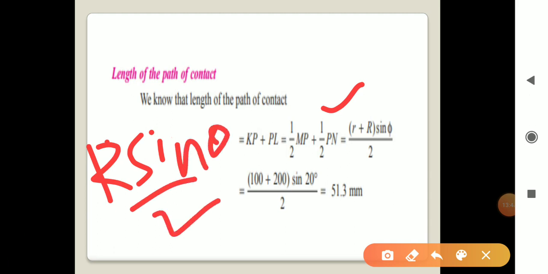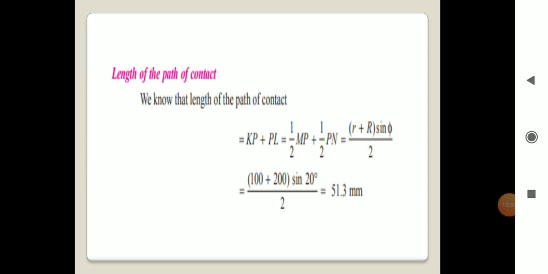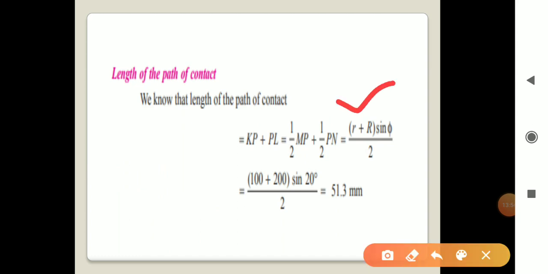So the sin term will be common. Take small r plus capital R into sin of phi divided by 2. We know that small r is 100, capital R is equal to 200, into sin of 20 degree divided by 2. So we got the length of path of contact equal to 51.3 mm.